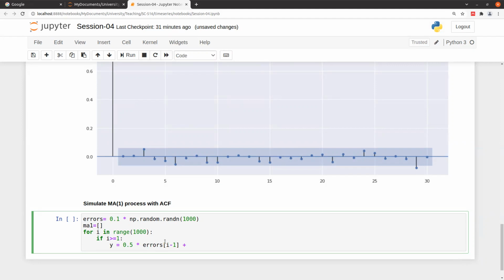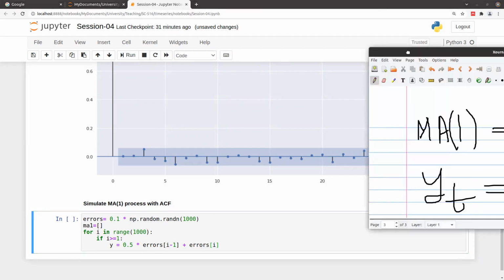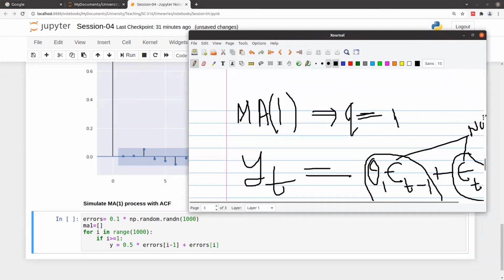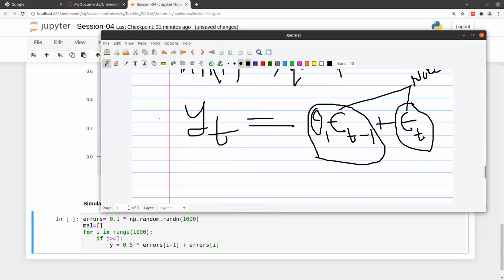I think you can understand this one, right? It's actually the same equation in here. Yt, then theta 1 is 0.1. I just put that, you can play around with other numbers as well. Then epsilon t minus 1, that means just the previous error component, then i minus 1, then noise of that ith index, right? I think it's clear enough.